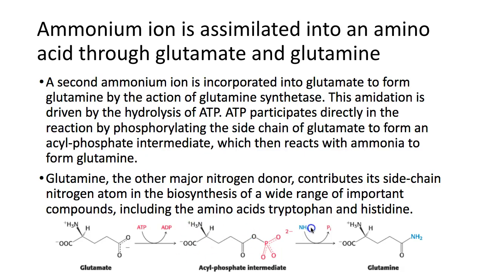Then that's where ammonium ion, or ammonia, is used to replace that phosphoryl group. So you see that it leaves off and finally forms glutamine. And I believe that is the end of this lecture.